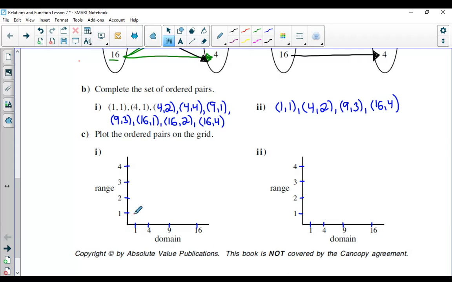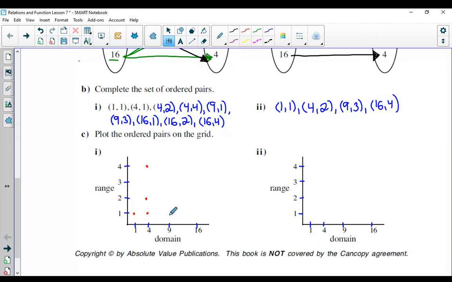Okay, so here's 1 comma 1 at this point. You have 4 comma 1, which should be here. You have 4 comma 4, which should be all the way up at the top. You also have 4 comma 2, which should be located here. Okay, so we got 1 comma 1, 4 comma 1, 4 comma 2, 4 comma 4.